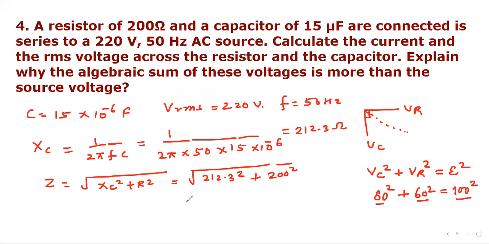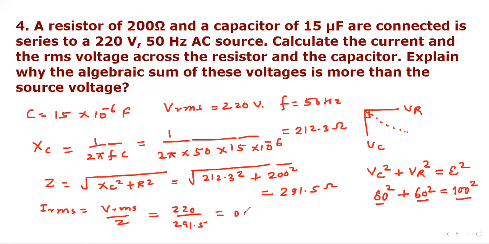So this will come out to be 291.5 ohm. Now we have to find out IRMS. So IRMS will be VRMS divided by Z. We put the value of VRMS as 220 divided by Z equal to 291.5. So this will give 0.755.